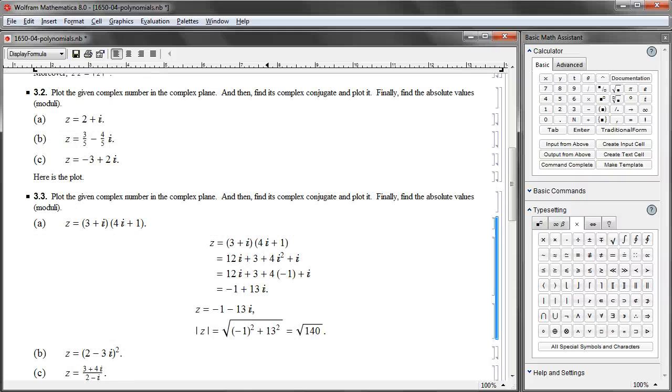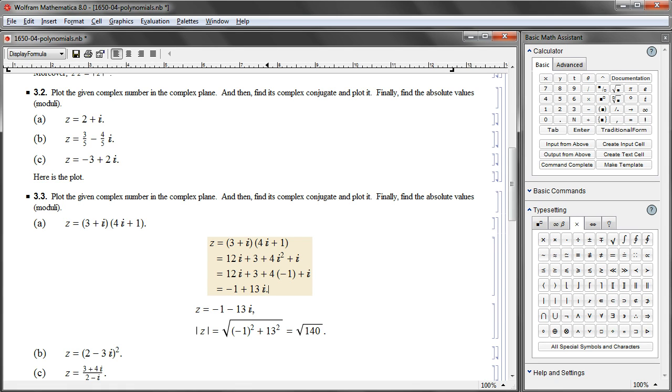And here's the solution. 3 plus i times 4i plus 1, just FOIL it, and then we get 4i squared when we do the inside. And then i squared is -1, so 4i squared will become -4. After simplification, combining like terms, we get -1 plus 13i.